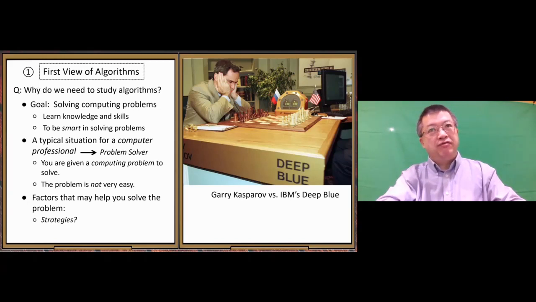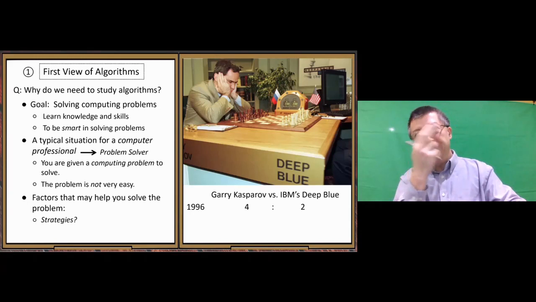Garry Kasparov versus IBM Deep Blue. The first match occurred in 1996. The result, 4-2. Garry Kasparov won, but lost 2 points.